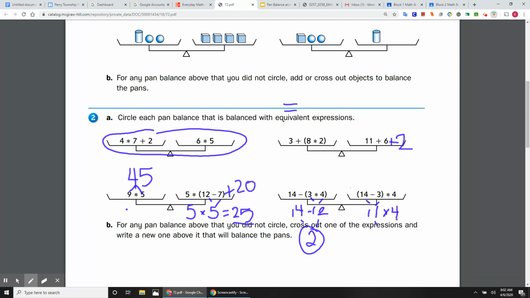So this side would equal 44. So to make this balanced, we would either have to add 42 to the left side or subtract 42 from the right side to make that balanced.